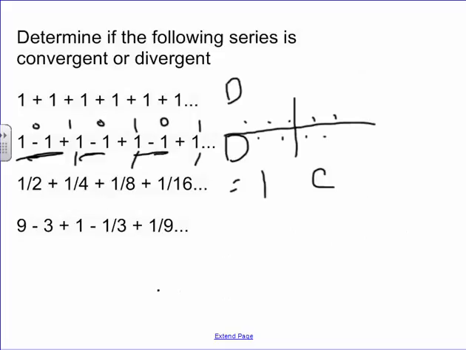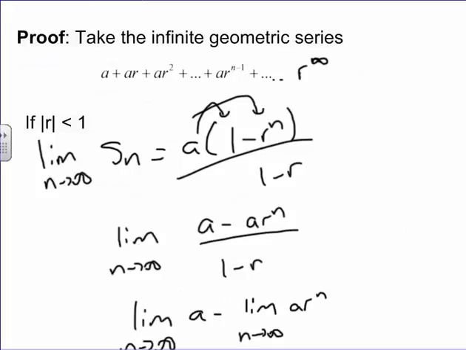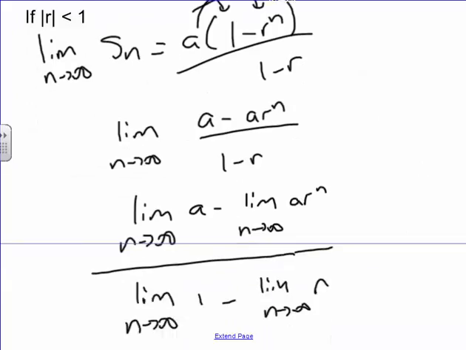Which means that this guy right here, I could split up a little bit further if I wanted to, and multiply it as the limit of a times the limit as n approaches infinity of r to the n. But all of this is equal to 0, which means that all of that guy is now gone. I don't need it anymore, because literally this whole thing right here is going to become a 0.